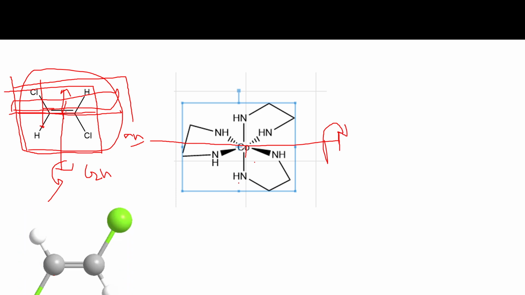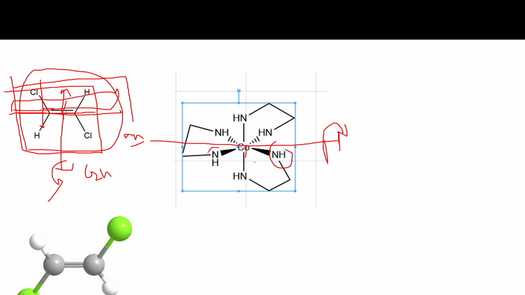This NH goes here, and the NH which is up goes down. It remains the same, and this NH which is down goes up.